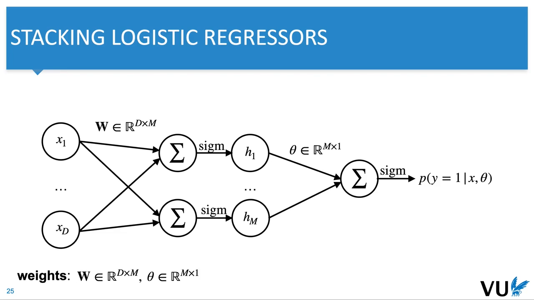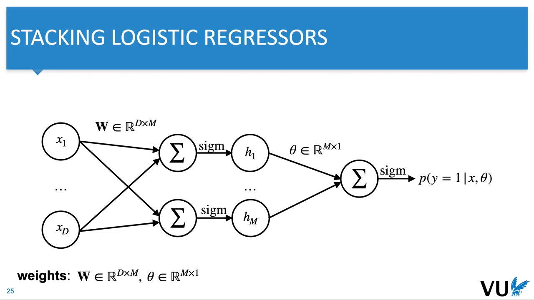Now we have an additional set of weights. We have thetas that are responsible for creating the probabilities of outputs, but we also have a matrix of weights from x to these hidden nodes, denoted by H. All right, so far so good. We shouldn't see any issue here.